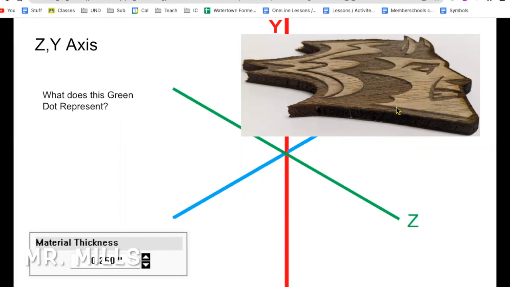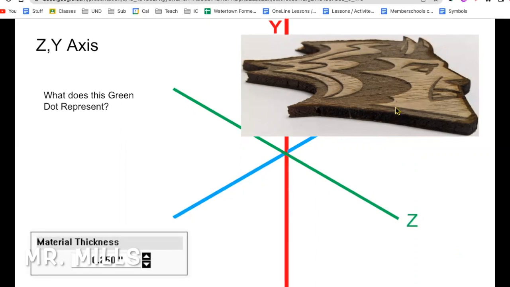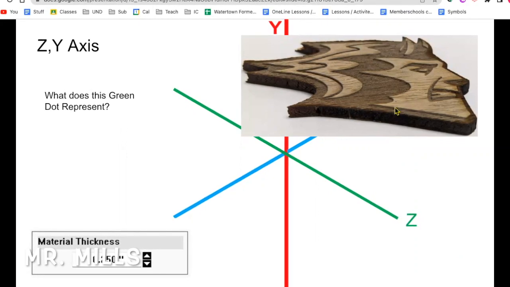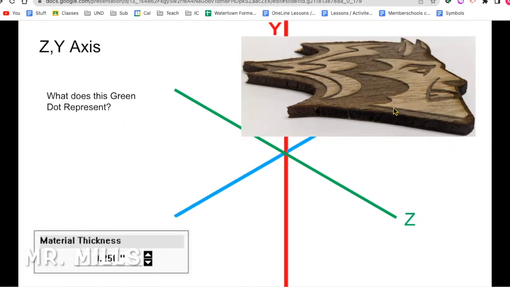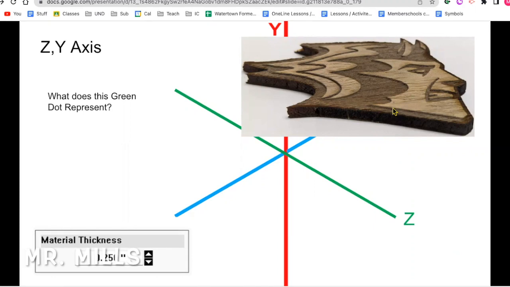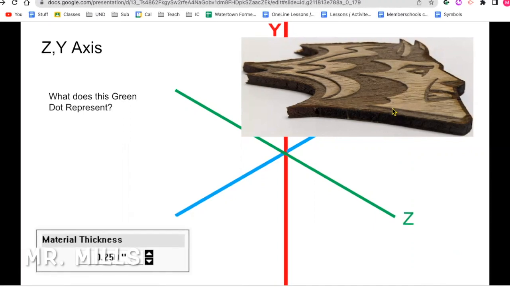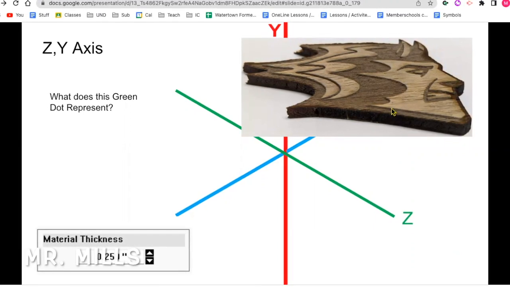Other machines like the CNC router have the same issue, because if you have your z-axis or thickness set wrong, you may cut way too deep into the material, or not cut deep enough, depending on your parameters.